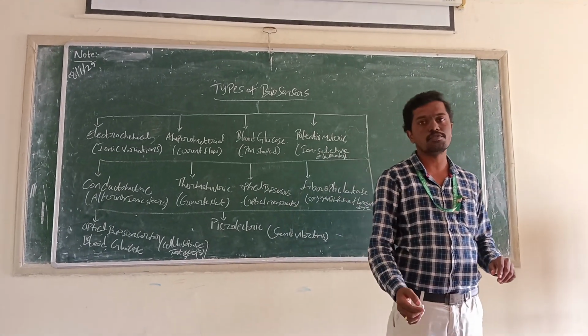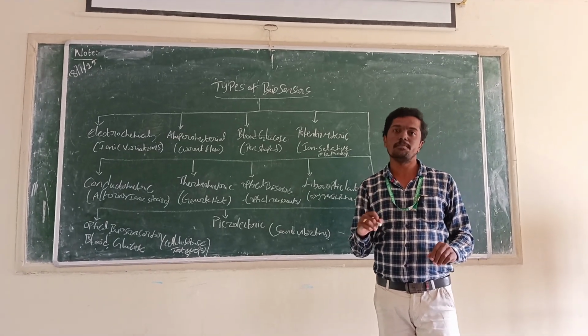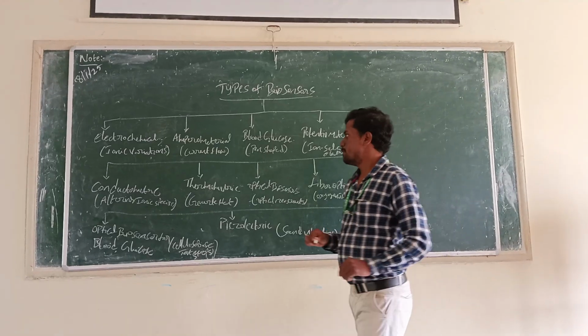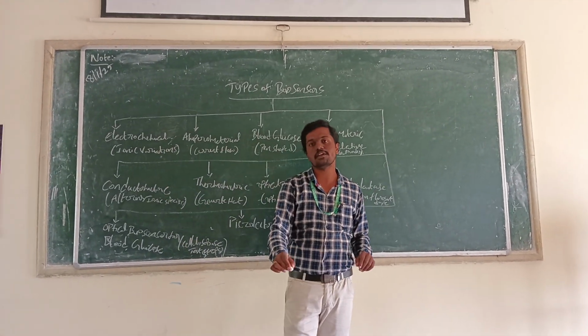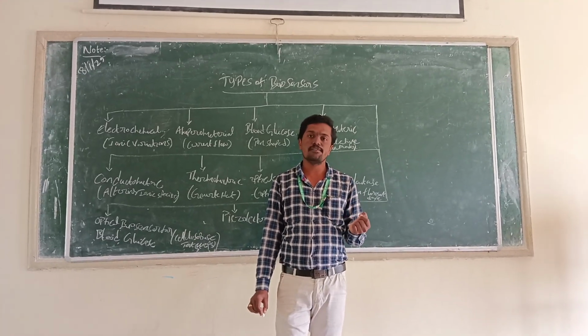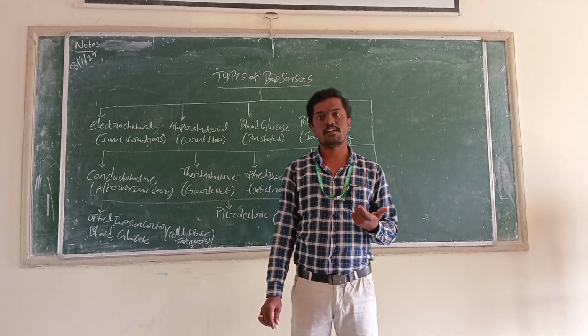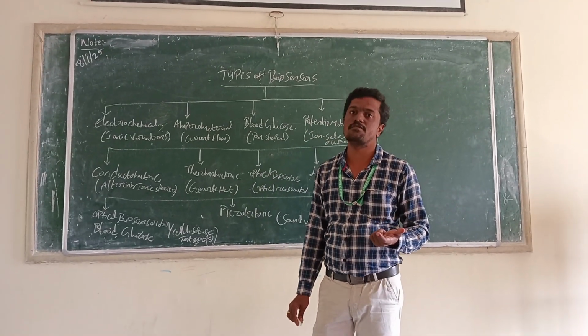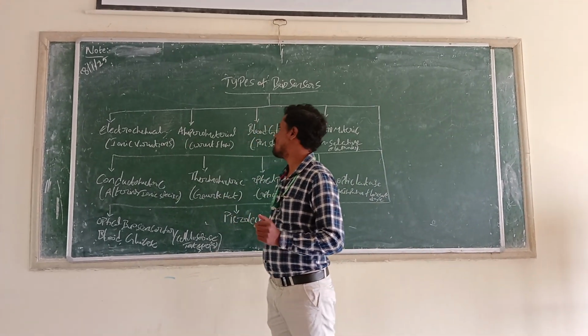Whenever you identify molecules or materials, the main content is the ionic variations. Based on the ionic variations, you identify the molecules. The sensors used for this kind of identification we call electrochemical sensors.